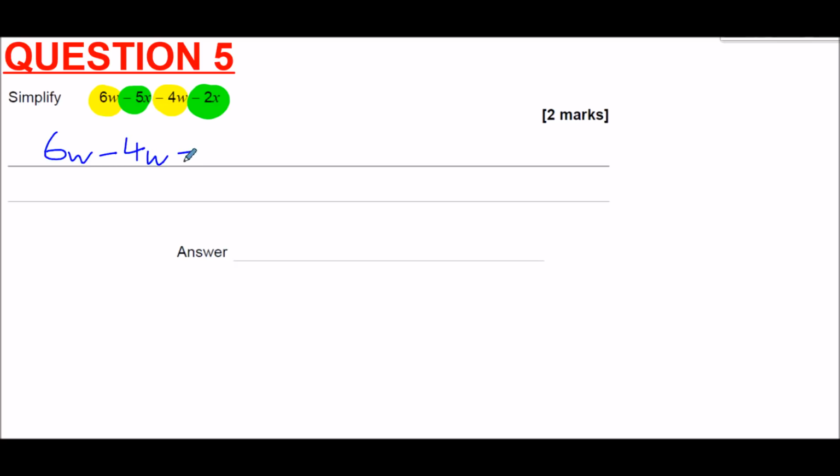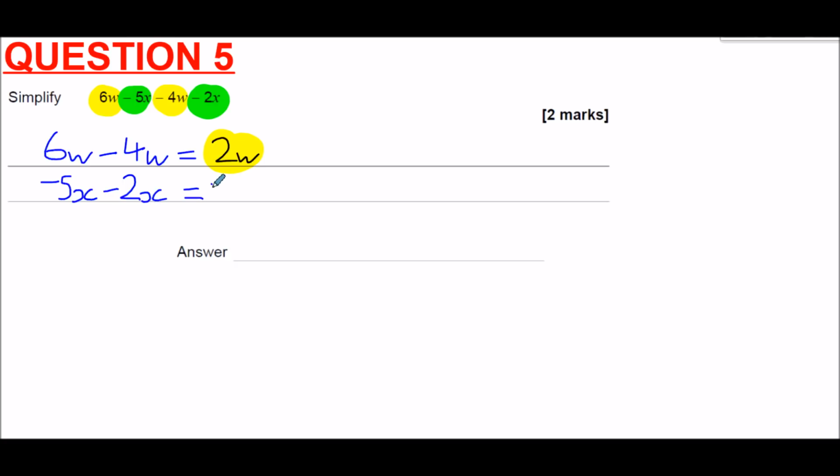So 6 w's take away 4 w's would give us 2 w's at the end. Now the x's start off being minus, so minus 5x minus another 2x. Minus a minus makes a plus if the two minus signs are together, but with this one, the minus signs are separated by 5x. And so what we can think about this as being is we're taking away 5x, first of all, and then we're taking away another 2x's. How many x's have we taken away altogether?